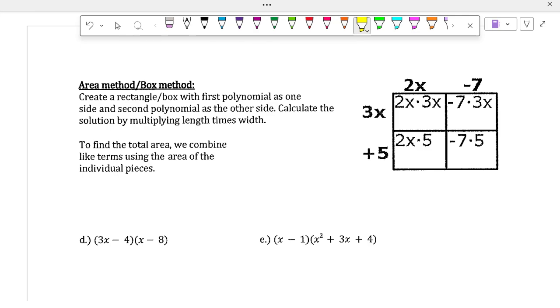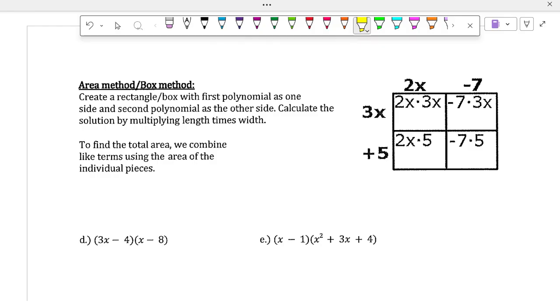All right. Because I can guarantee you, say, for example, if you did part E, foiling that, you will miss at least one term. So I highly recommend that if you're doing anything besides a binomial times a binomial, you use the box method. You can still do FOIL.